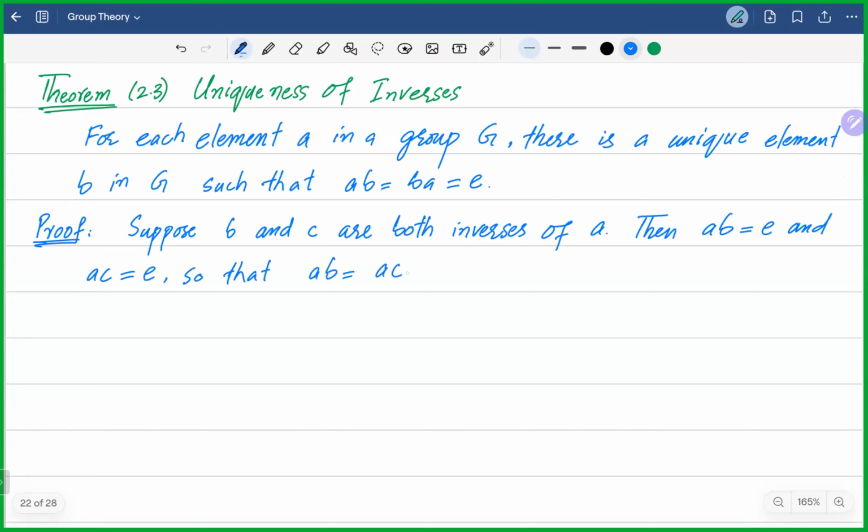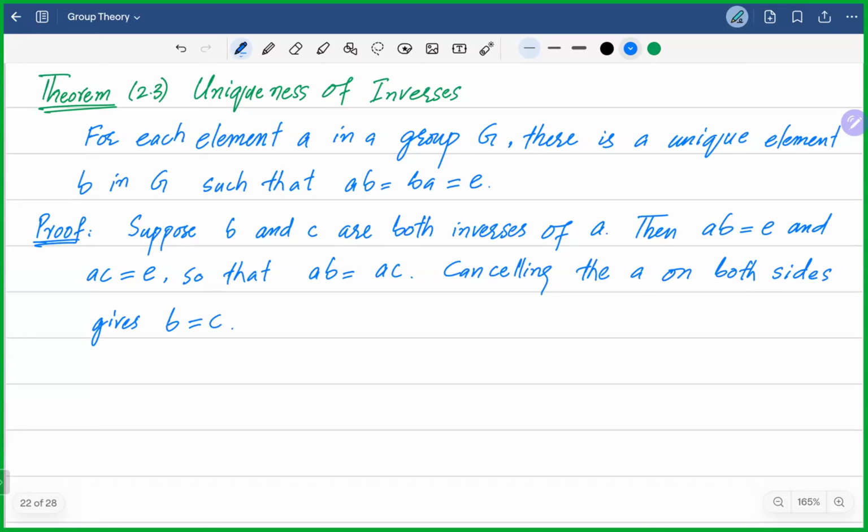Now cancelling the A on both sides gives that B and C are equal.